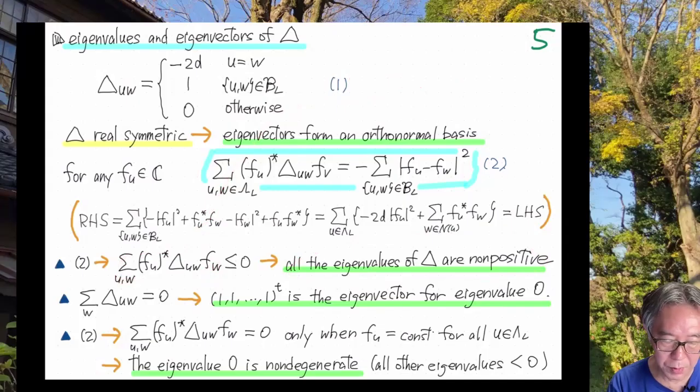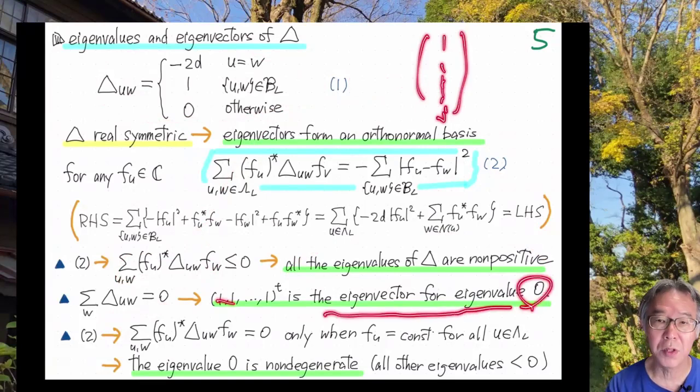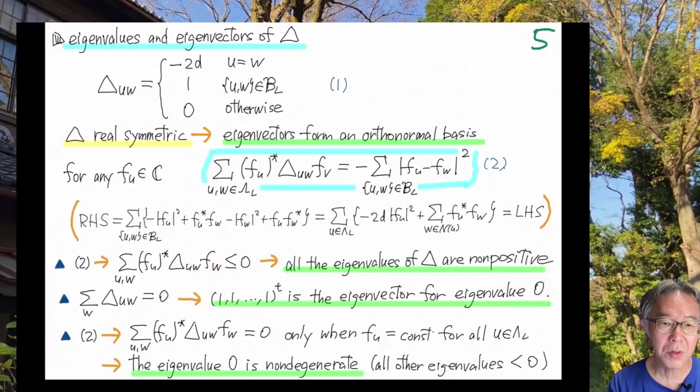Okay, also from this definition, you find that if you sum over all w, you get 0. This means that the 1, 1, 1, 1, 1 vector is the eigenvector with eigenvalue 0. Okay. Finally, we can show that the eigenvalue is non-degenerate, and again from this identity.